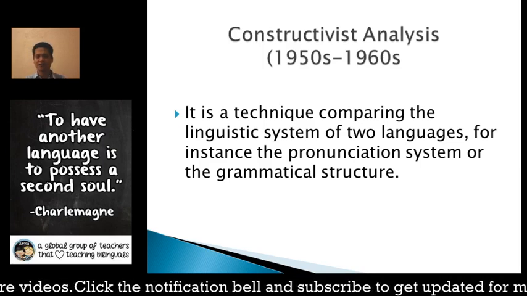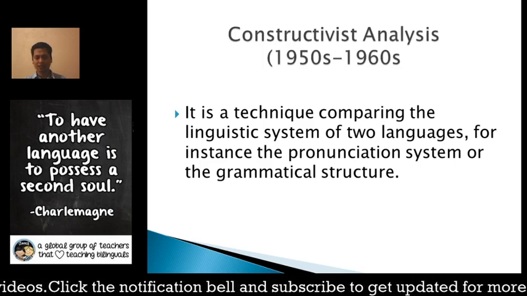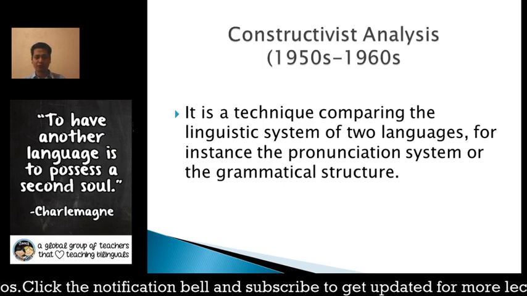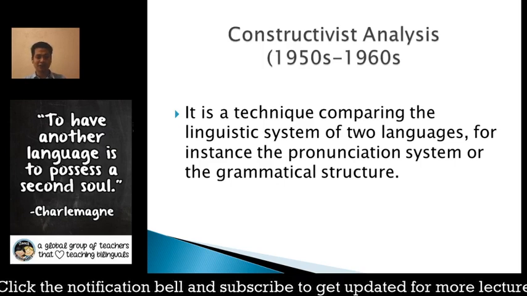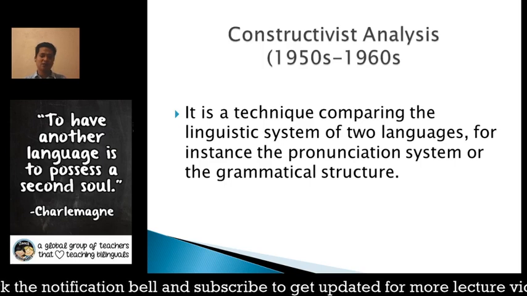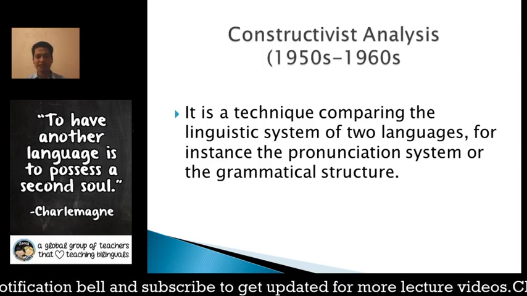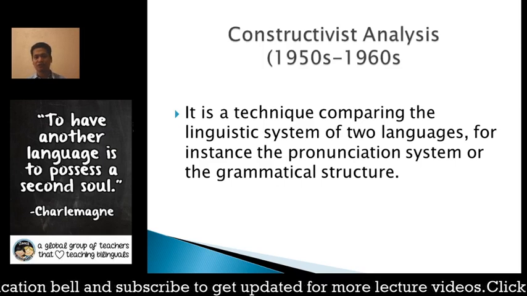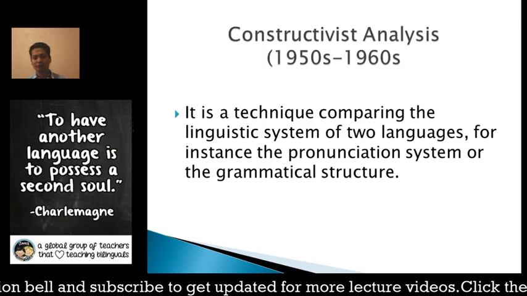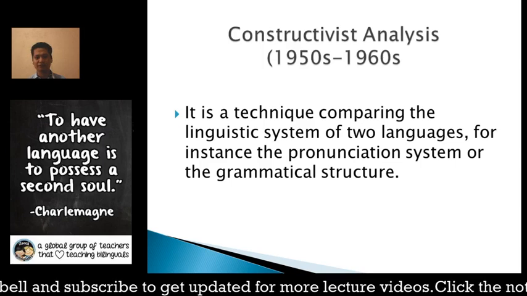There are instances that we could not easily pronounce some of the words and sounds of the English language, because those sounds do not really appear in or exist in our language. So like for the sound of V, right?